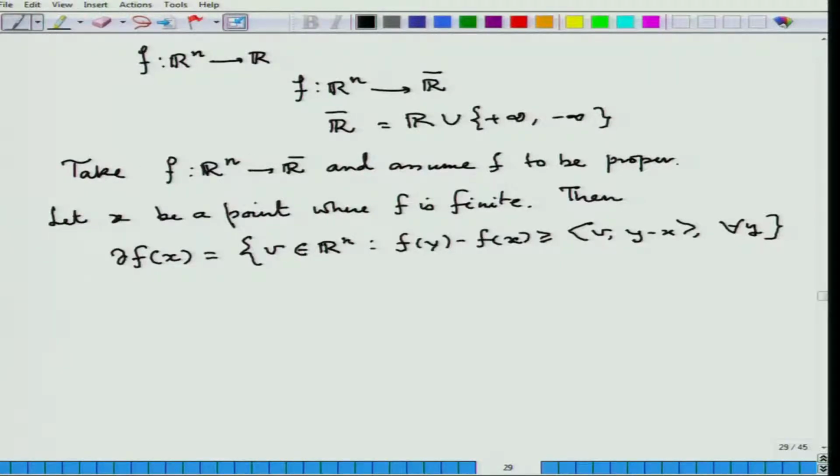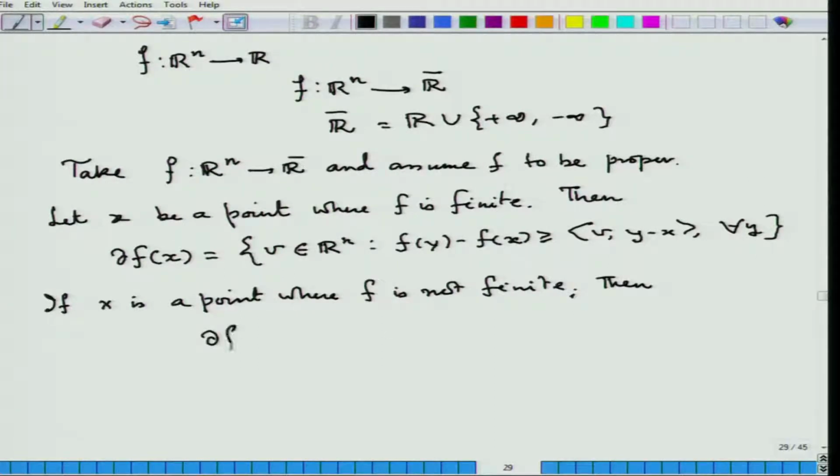Now, what happens if x is a point where f is not finite? Then del f of x is defined to be the empty set. But there is a word of caution.